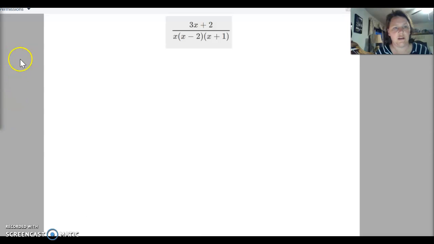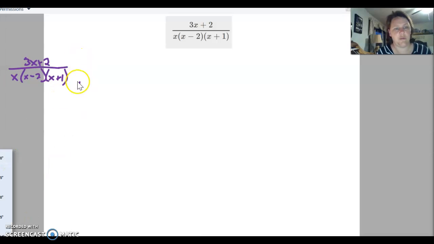We're starting off with the fraction (3x + 2) over x(x - 2)(x + 1). Now our denominator has all linear factors, which is a good thing. I'll go into more of how I know all of this in just a minute, but for right now, I'm just going to show you.